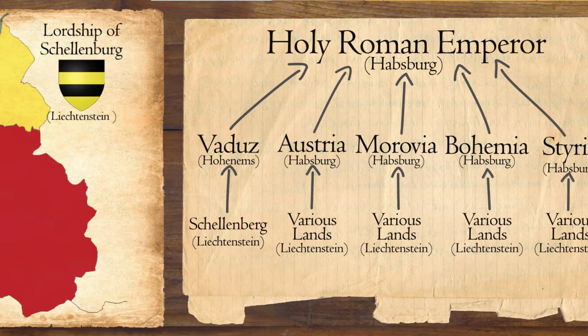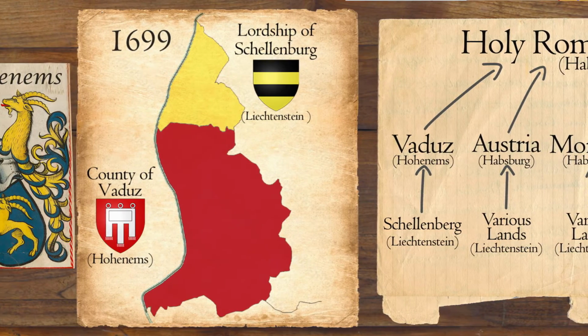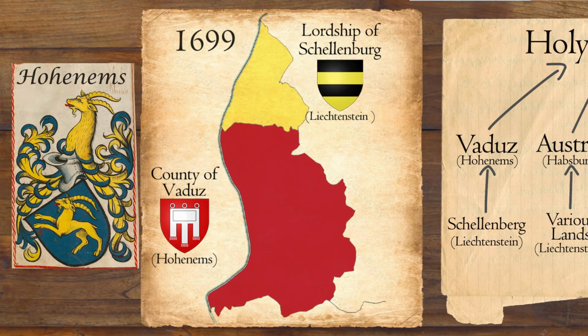But a little over a decade later, their new overlords, the Hohenems, which still ruled the county of Vaduz, continued to struggle financially, and they were also forced to sell the county. That was a chance that the wealthy Liechtenstein family would not pass up. And in 1712 they also bought the county off of the Hohenems.